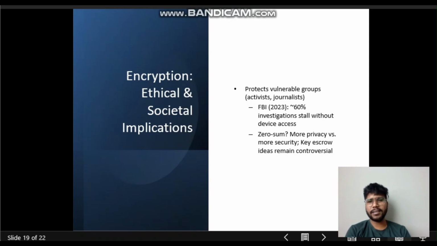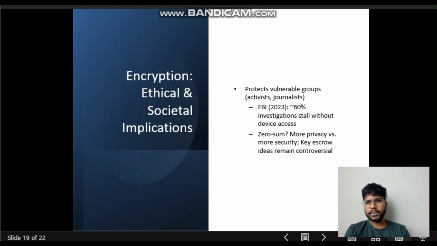Balancing privacy and security. A 2023 FBI report suggests that approximately 60% of criminal investigations involving encrypted devices or communication stall out due to an inability to access the data.